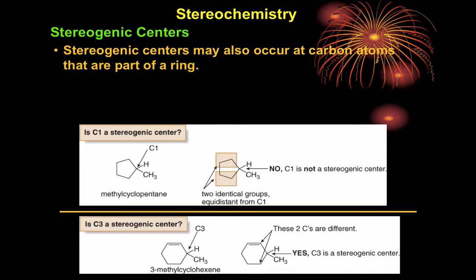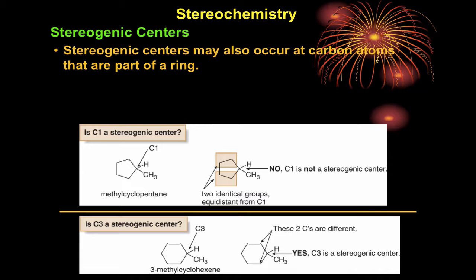Okay? So if we look at this molecule, is C1 a stereogenic center? No. Why not? I've got a hydrogen, I've got a methyl group, but it turns out that this group is identical to this group, right? They just happen to be connected together.